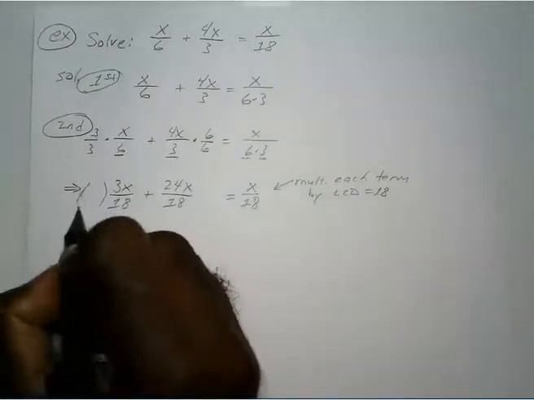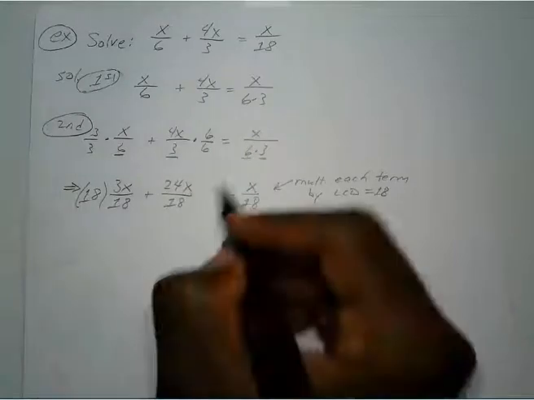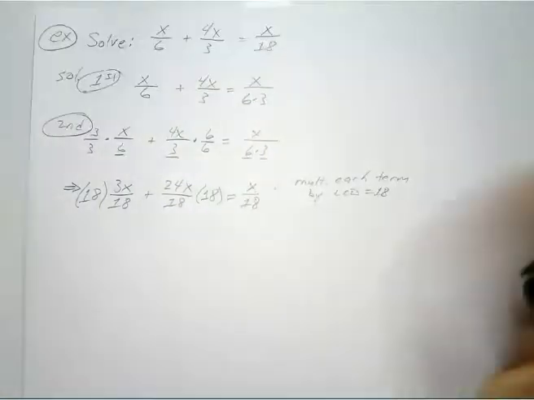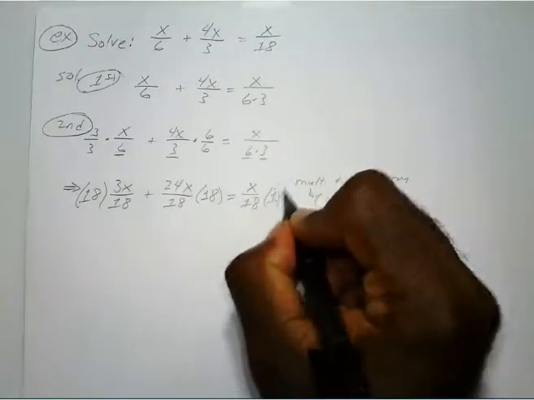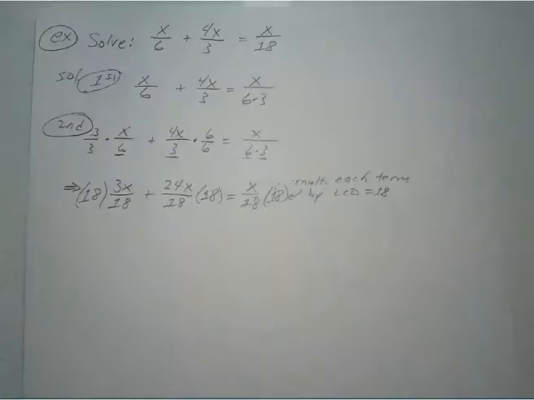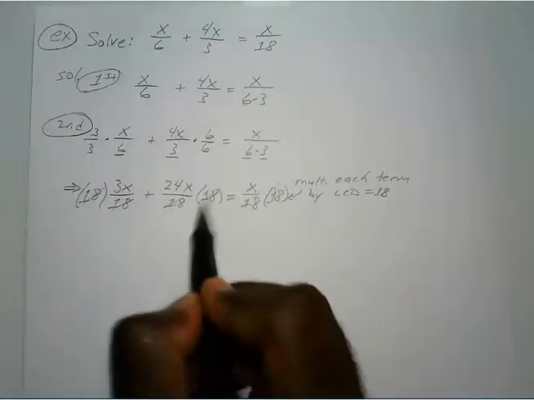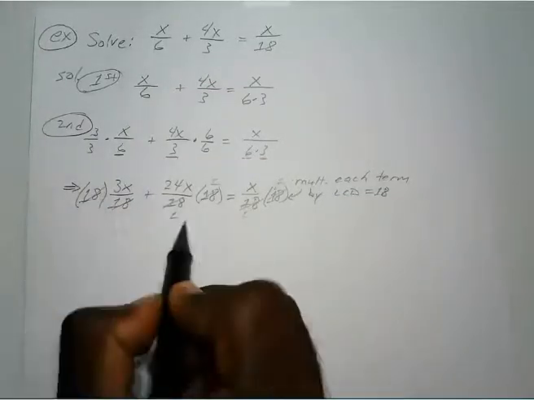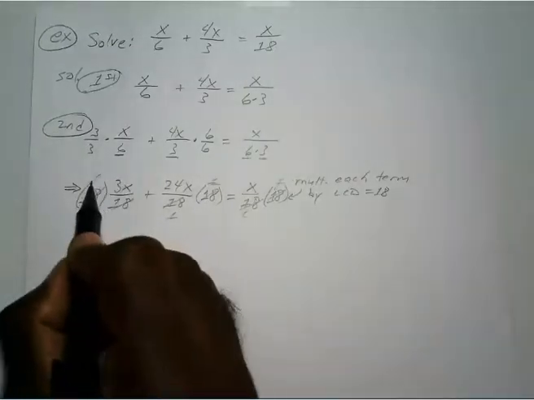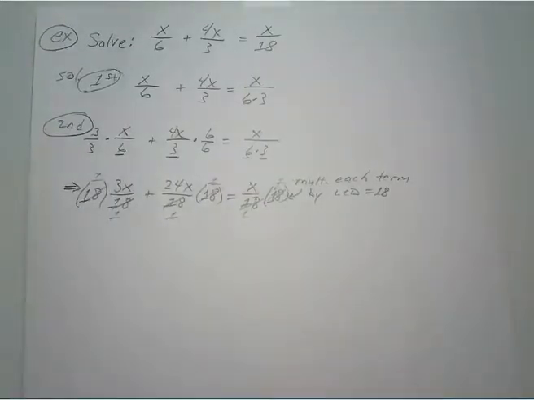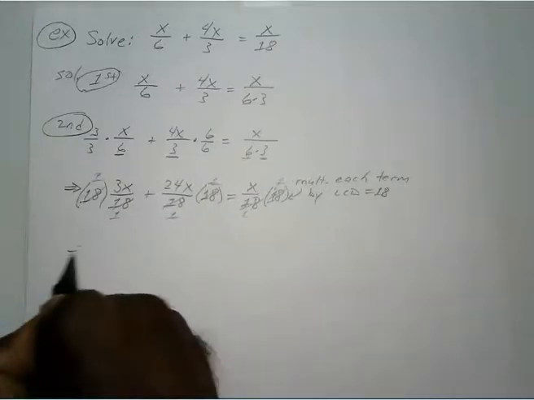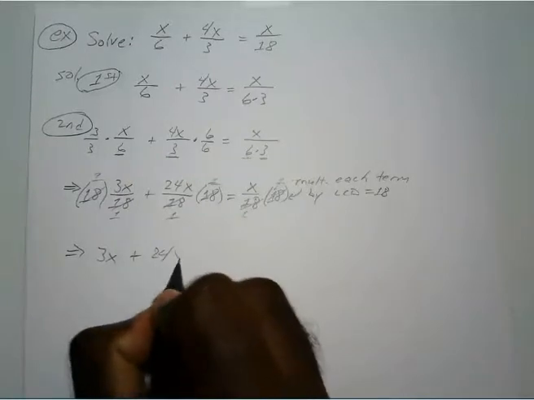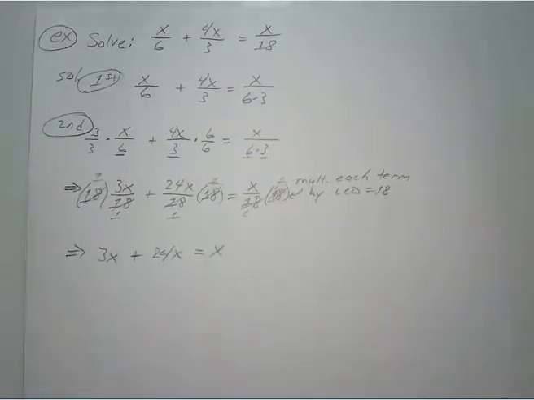So if you multiply this term by 18, and you multiply this term by 18, and you multiply this term by 18, these 18s will now cancel each other out, where it's just 1. Which will give you 3x plus 24x equals x.